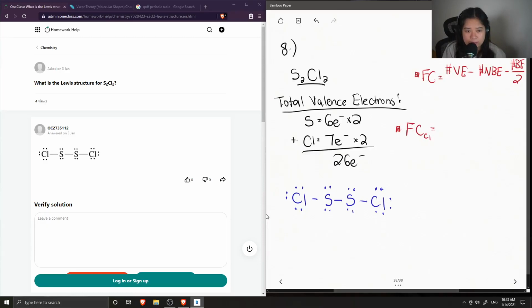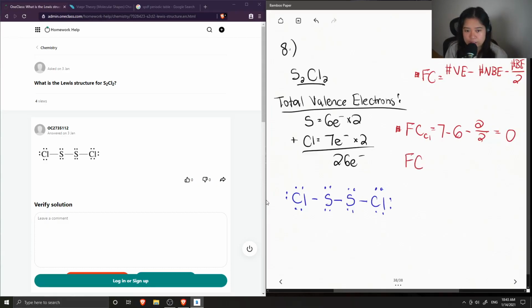Chlorine contains 7 valence electrons. If we count all the non-bonding electrons on chlorine, we count 6. And there's a single bond to the chlorine, so there are 2 bonding electrons, divided by 2. So all the chlorine atoms have a 0 formal charge.